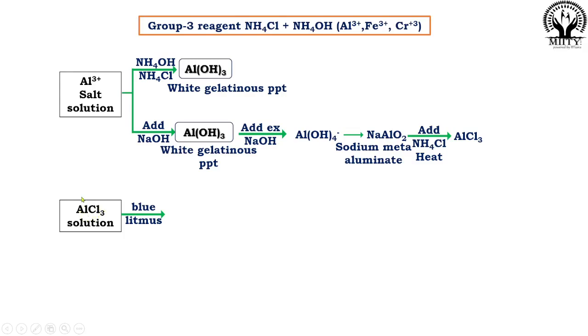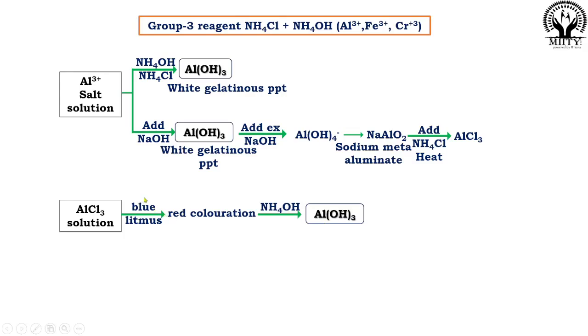Therefore, it is an acidic solution. When we add blue litmus to the acidic solution, it converts into red color. And to the red solution, we add ammonium hydroxide. Again, OH- combines with Al+3 and forms aluminum hydroxide.